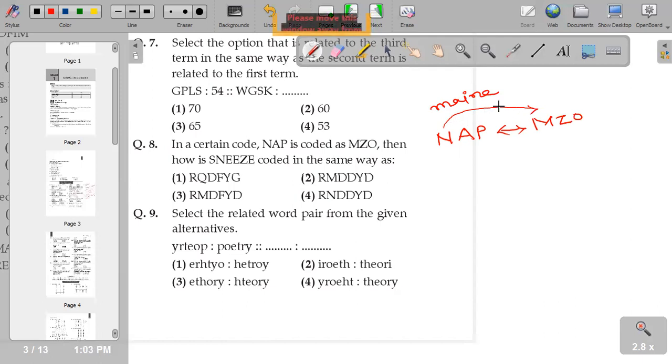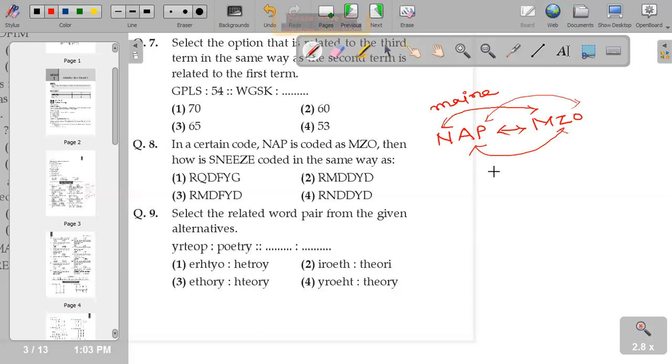So MN. When you see MN, reverse of M is N and reverse of N is M. In a similar way, what is AZ? The reverse of A is Z and the reverse of Z is A. Next, what is OP?